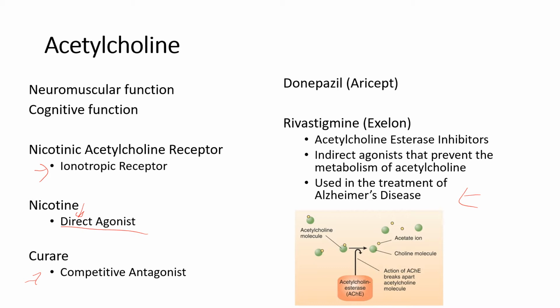So it's an indirect agonist that prevents the metabolism of acetylcholine. The thing that I want to get to here is that acetylcholine is one specific type of neurotransmitter, and there's a lot of different subcategories within that.